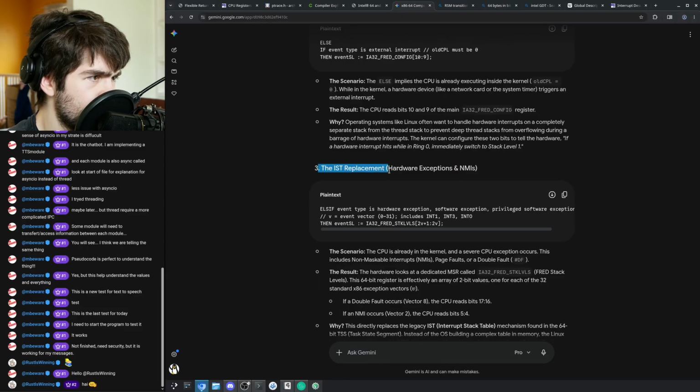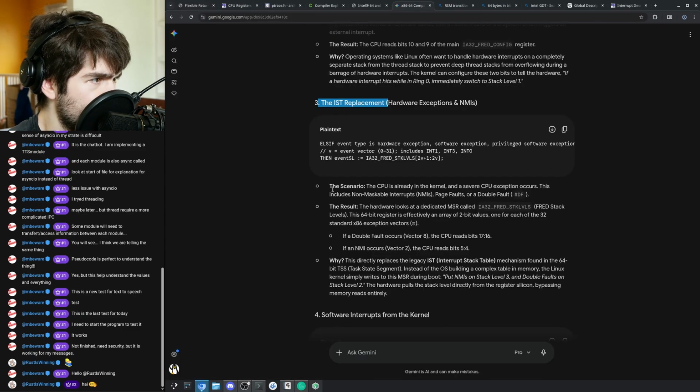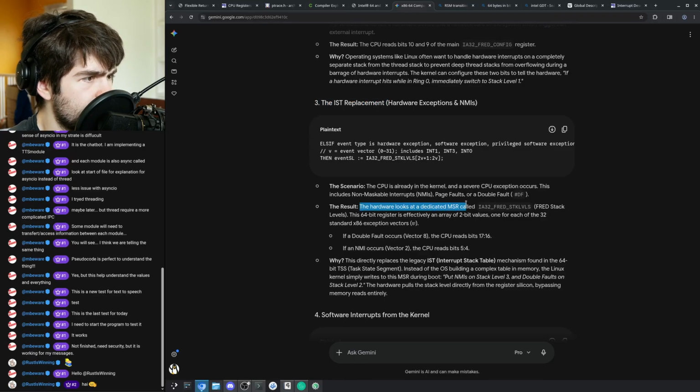Okay, the IST replacement. Event type is hardware exception, software exception, privileged software, or NMI. The scenario: the CPU is already in the kernel and a severe CPU exception occurs. This includes non-maskable interrupt, page fault, double fault. The result: the hardware looks at the dedicated MSR, the thread stack level. Oh well, I got it the first time.